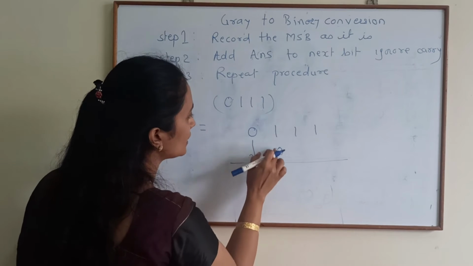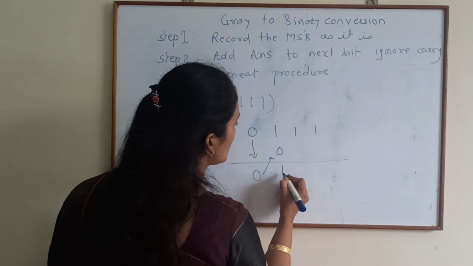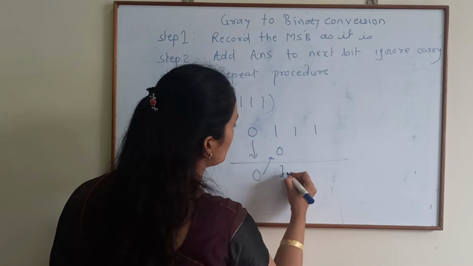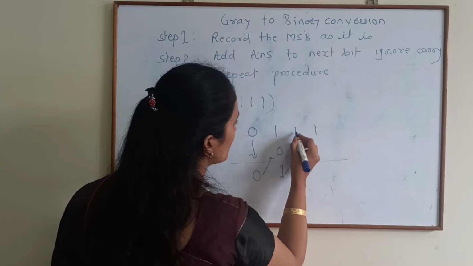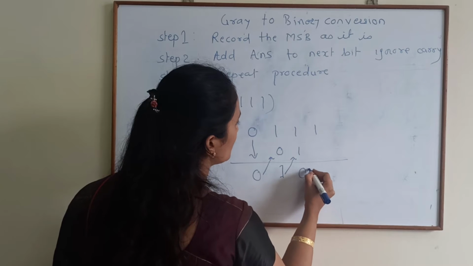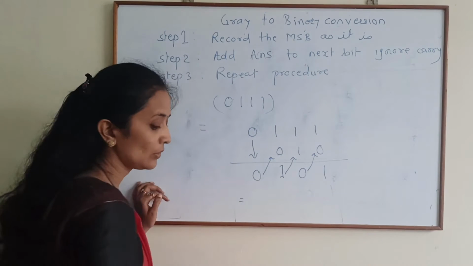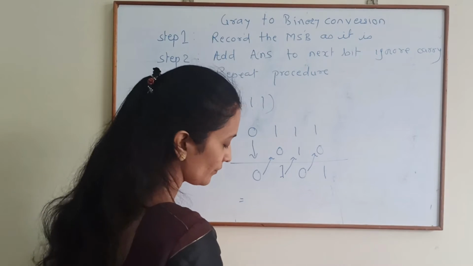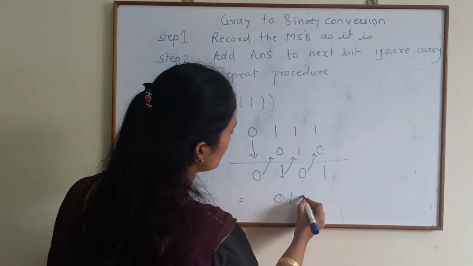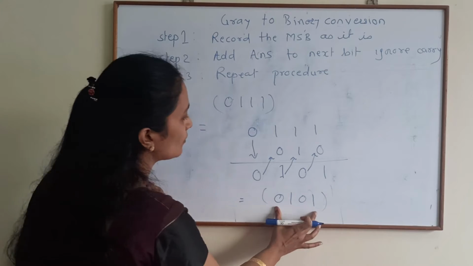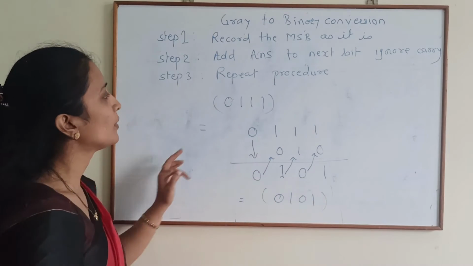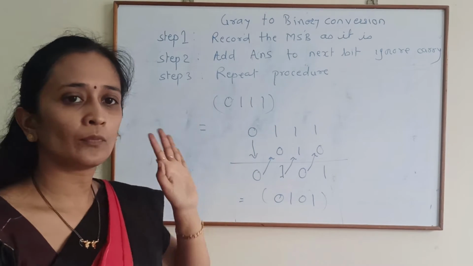Take that answer and add to adjacent bit. 1 plus 0, 1. This 1 will come here. 1 plus 1, 0. This 0 will come here. 1 plus 0, 1. Therefore, what will be the answer? 0 1 0 1. This is binary equivalent of gray number 0 1 1 1.